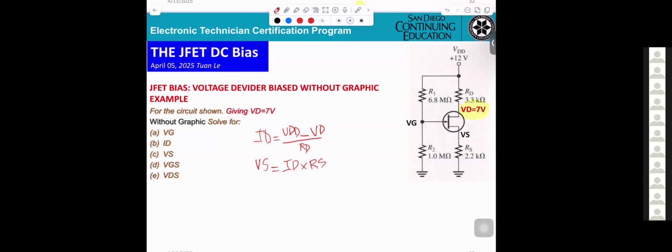ID or IS the same. You want VGS, you know VG minus VS. You already know VG, VS. And the last VDS, that is VD minus VS. So that's very simple, easy to do any calculation. Any question?